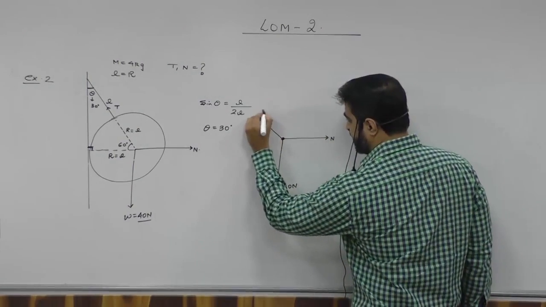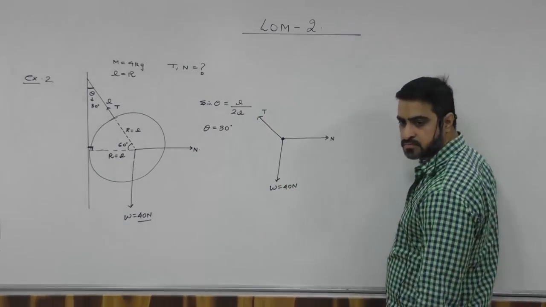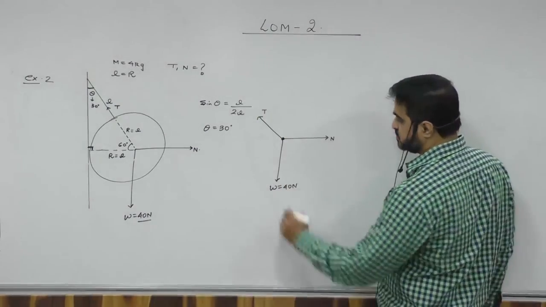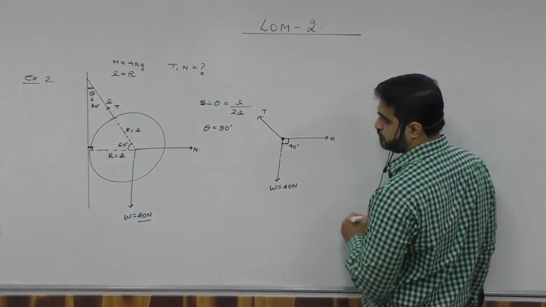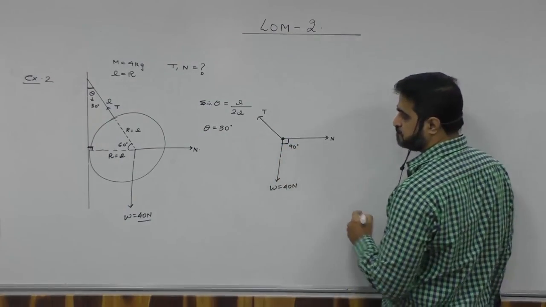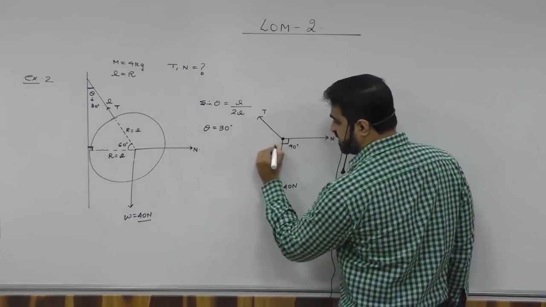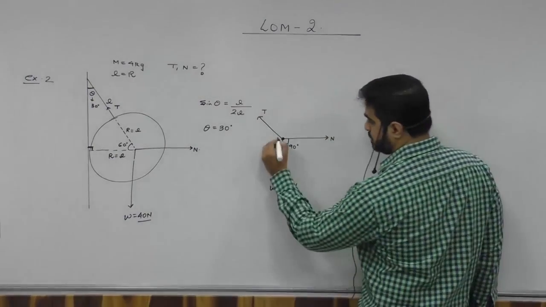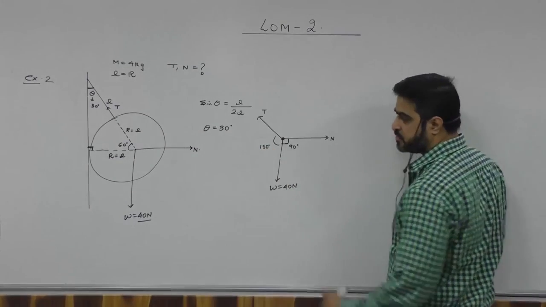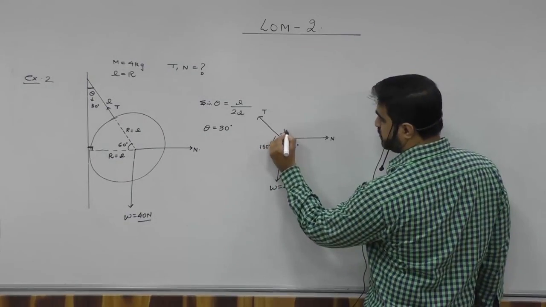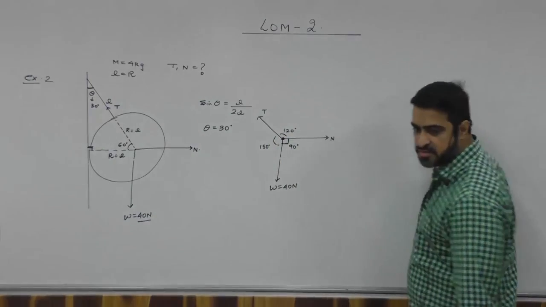And this is going to become the tension. Yes or no? This is 90. Okay. This is going to become 60 plus 90, right? 150. This will become how much? 120. You can apply Lami's theorem and get the answer.